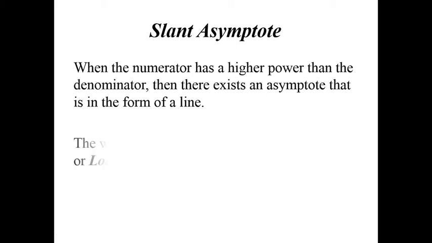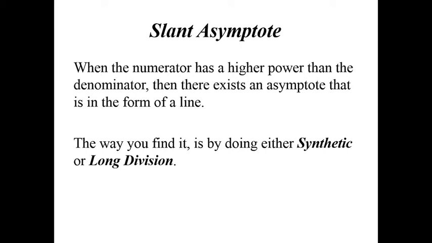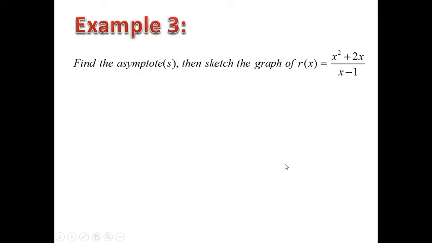Now for the slant asymptote, when do we find the slant asymptote? The way to find it is by using synthetic division or long division. Remember that in order to use synthetic division, the divisor must be a linear binomial. Here's one of the examples for finding the slant asymptote.